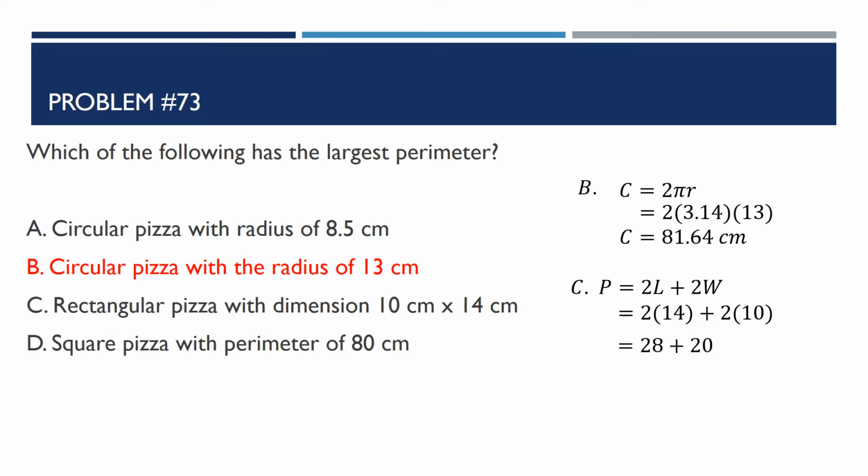It will be 28 plus 20, which is 48 centimeters. And still, B is bigger than C, because C is only 48 centimeters. Now, between B and D, D is 80 centimeters, while B is 81.64 centimeters. And so, B has the largest perimeter.